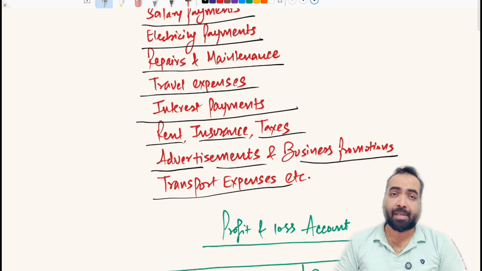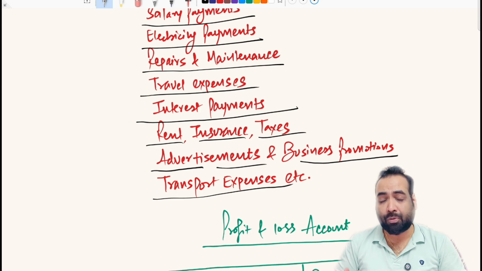All of these expenses are paid by the business, so they need money for payment of these expenses, and the money that is required to pay these regular daily expenses is called working capital.